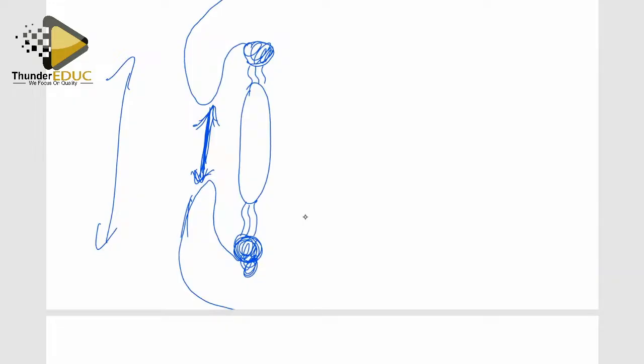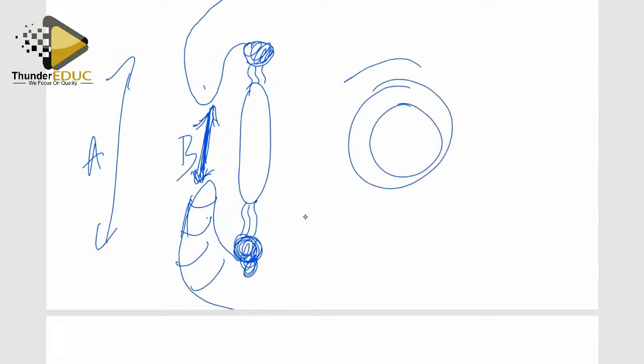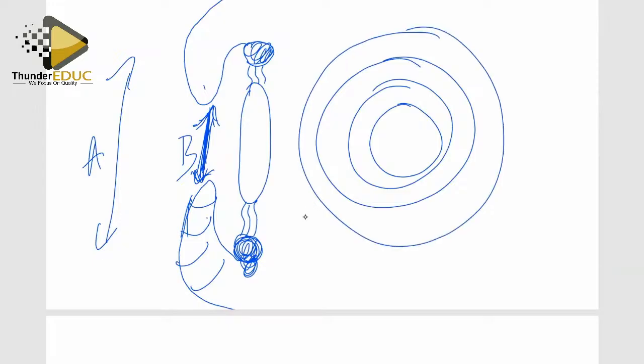The question comes in, how is the iris able to adjust this space A and the space B? The iris has muscles which run in a circular way, so we call those muscles the circular muscles.